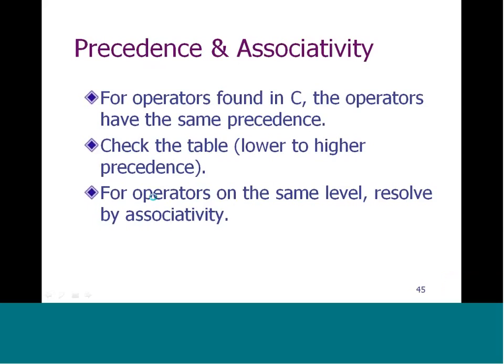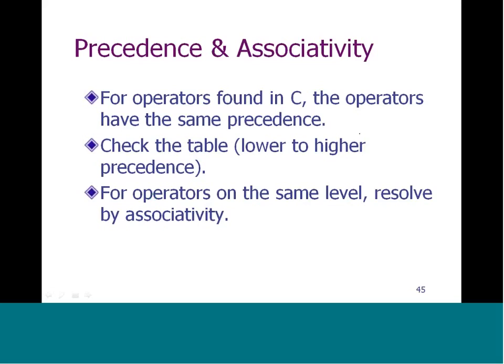Basically, the rules are fairly simple. Essentially, for all the operators found in C, the operators have the same precedence as in C. This includes plus, minus, multiplication, division, etc. And then you can check a table for the lower to higher precedence.